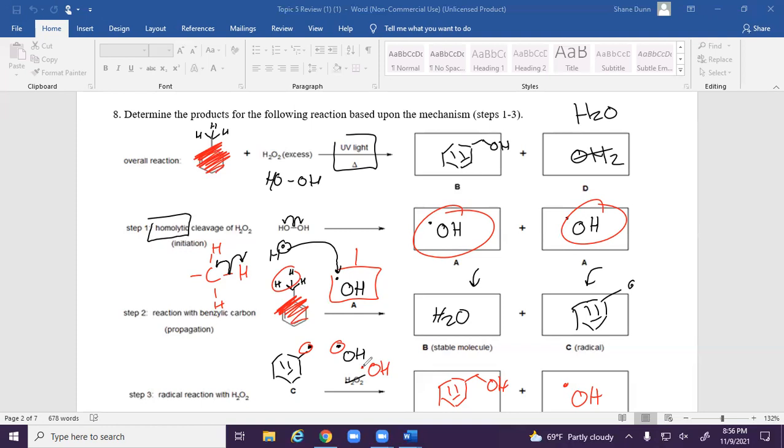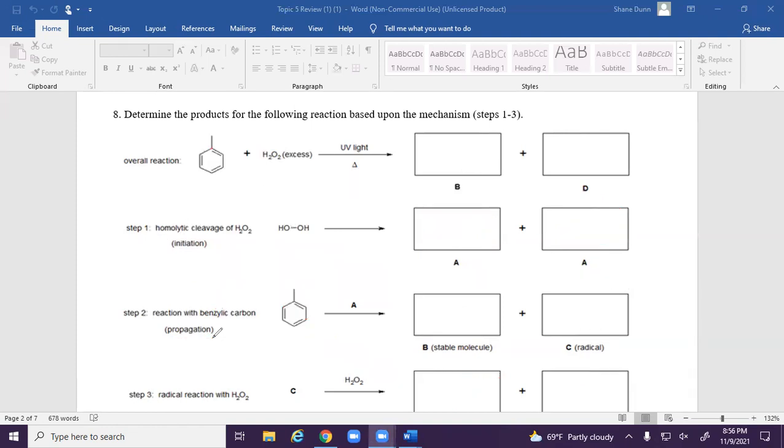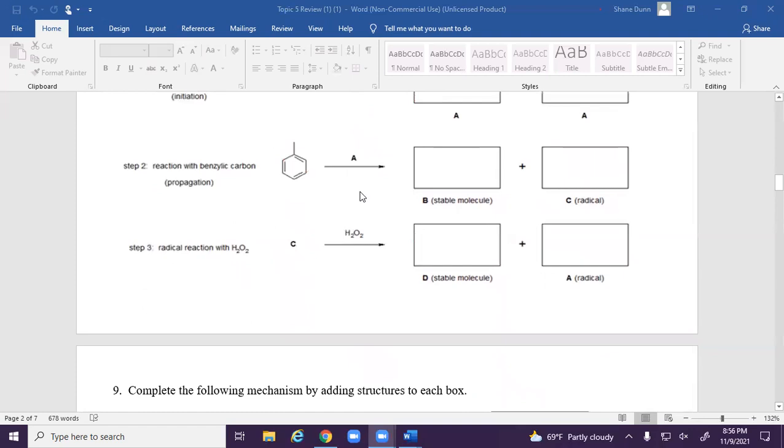Okay. You have to read steps very carefully, right? I agree with you. You probably think you would do that in step 2, but you don't because you have to make a radical, right? So it's propagation. That's what's going on. That's how you kind of tell. But that's how you do step-by-step equations, that type of mechanism.